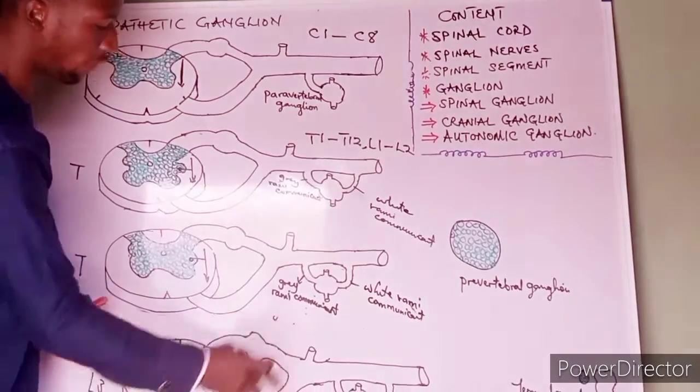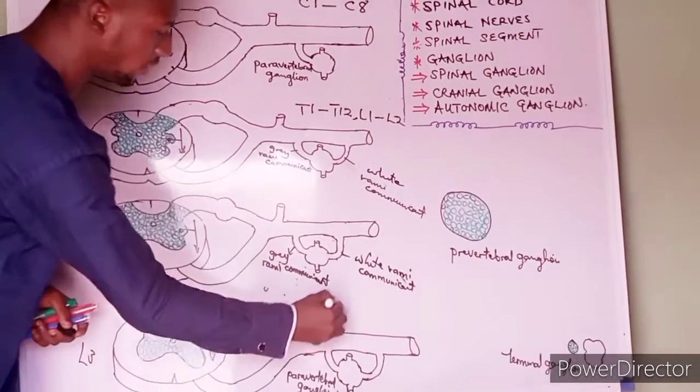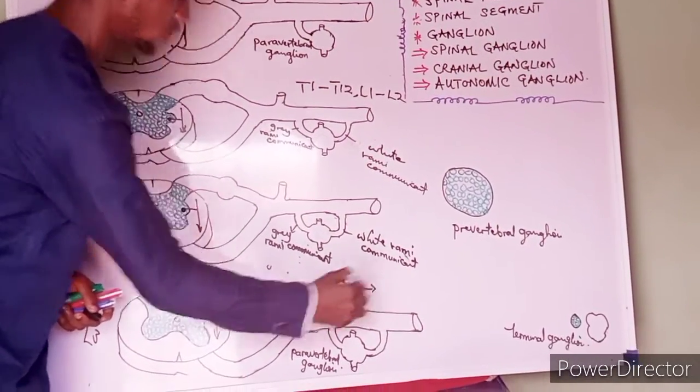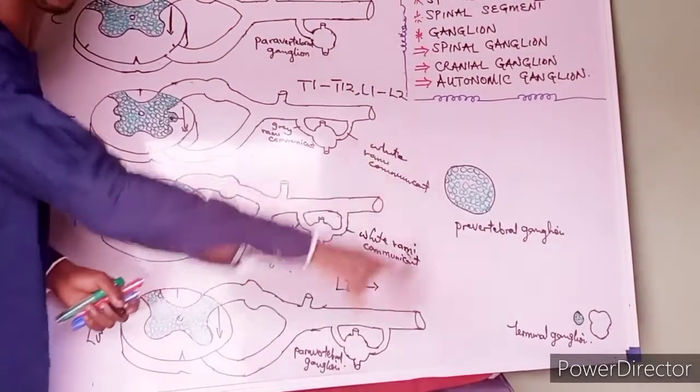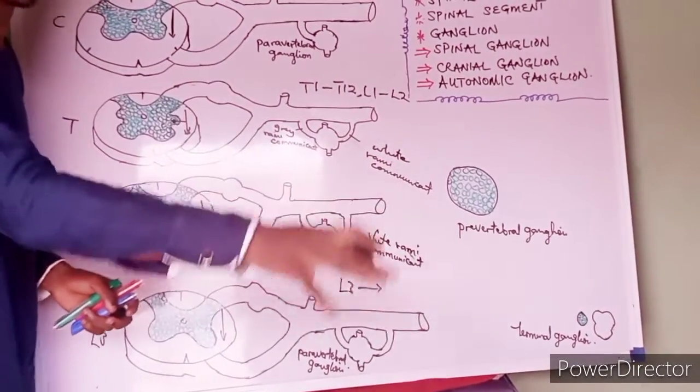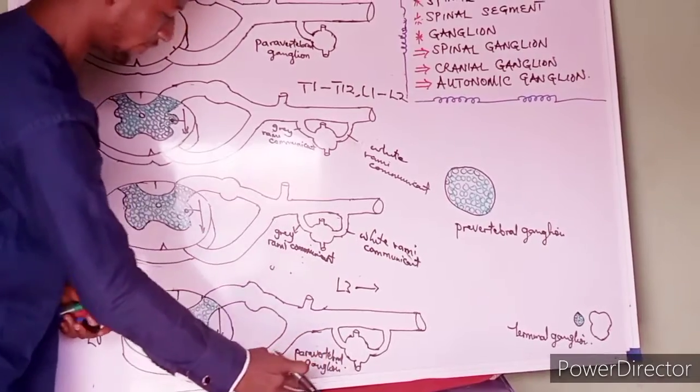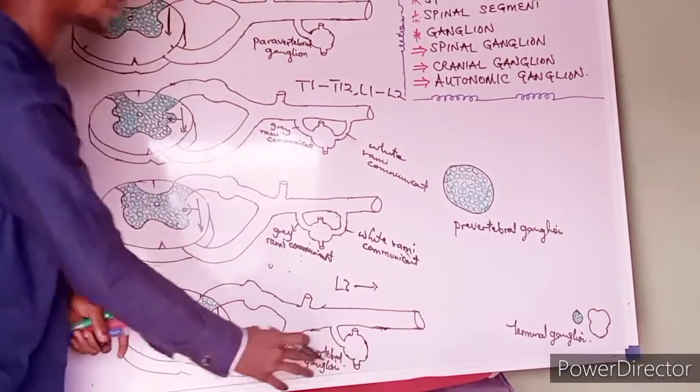But from L3 downward to the sacral and coccygeal regions, you only have the gray rami communicantes.